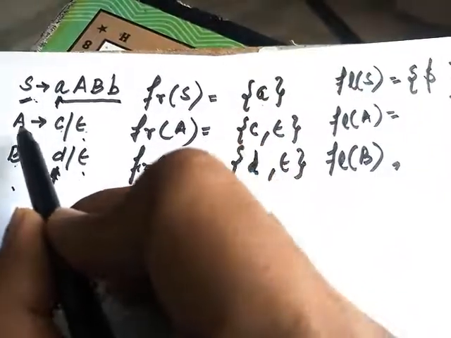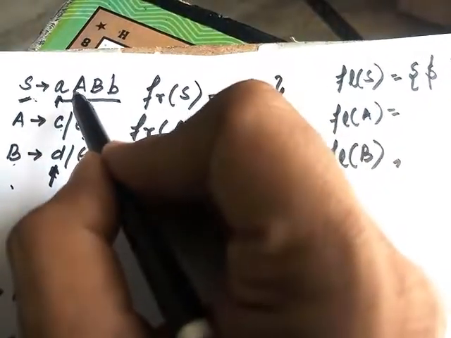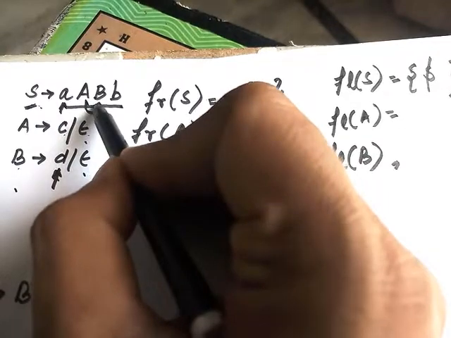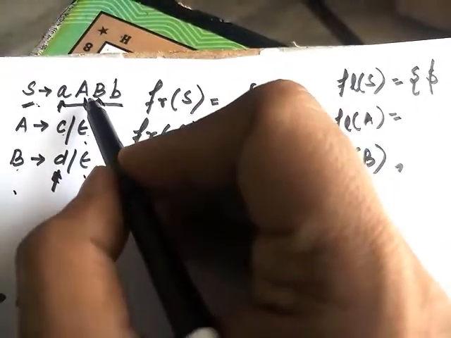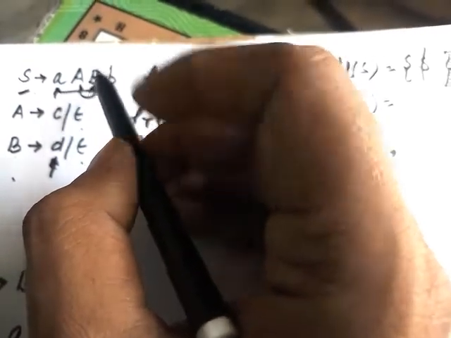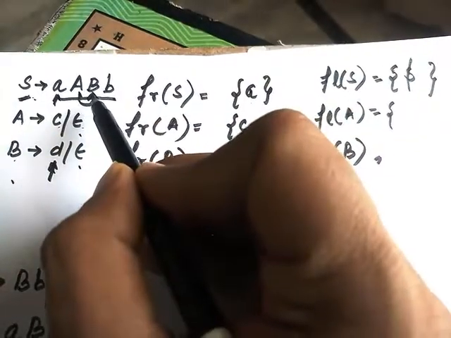Now we will see A. What is follow of A? It means on the right hand side, after A, which symbol comes, that is called follow. So as you can see, the follow of A is B, which is a non-terminal.